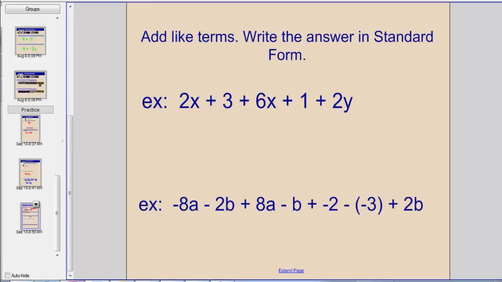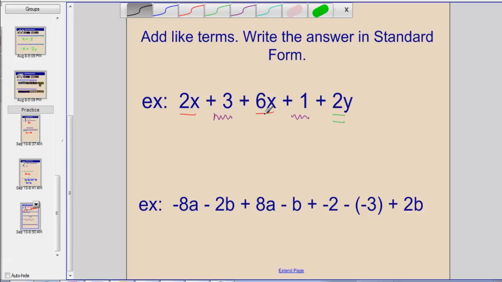So no more pictures. Now we're going to apply what we understand. So we're going to add our like terms. I like to underline my like terms. It helps me to visualize. So we have our x's, we have our constants, and then we have our y. Now I'm just going to add all my like terms. So I have 2x's plus 6x's.